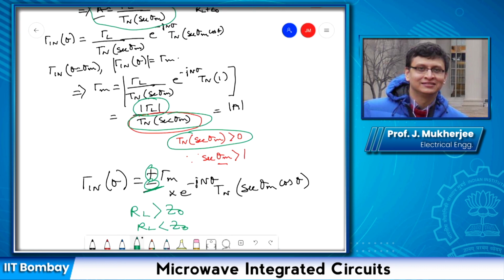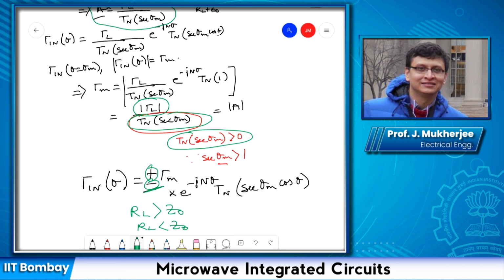Now the question is, how do we design the transformer? We have found an expression for the prototype function, but we still have not found a relationship between the gamma k's for a multi-section transformer and this prototype function.